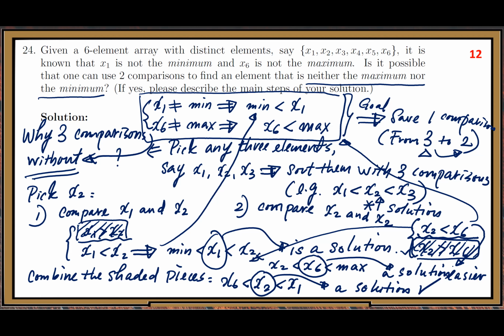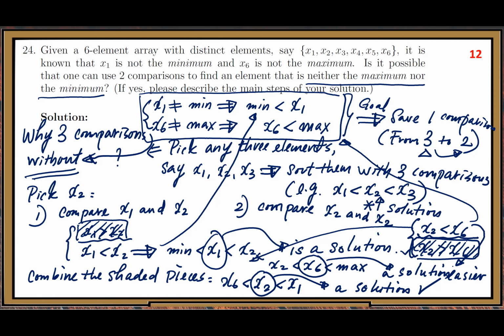So then you cover all the possibilities. Here, with two comparisons, you use those two precious comparisons. You cover all the possibilities, no missing case. Every case is considered in this organized way. Here, you organize the known information in this way.